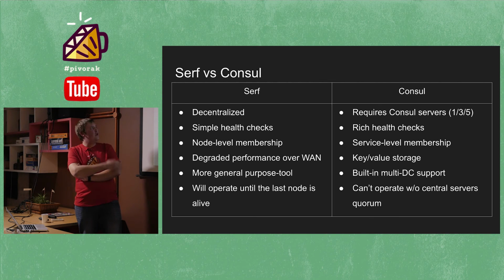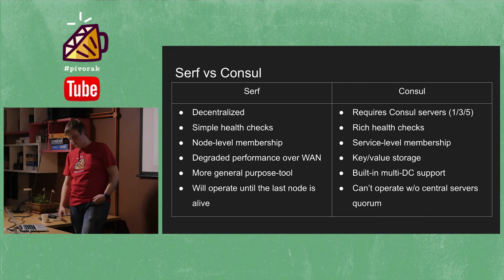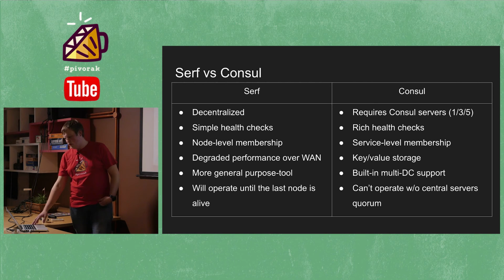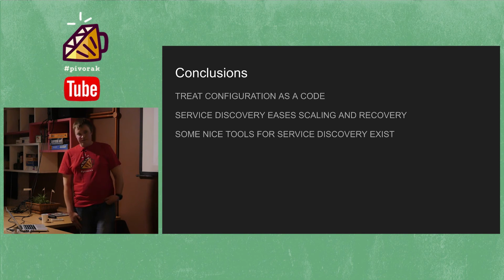And as a consequence of decentralization, Serf doesn't require central services and will operate until the last node is alive. While Consul, again, requires some infrastructure to run. So, to sum everything up, now you can treat your configurations as code.